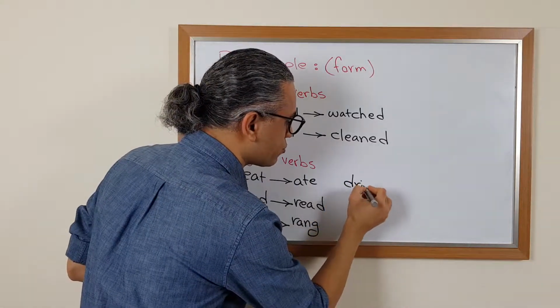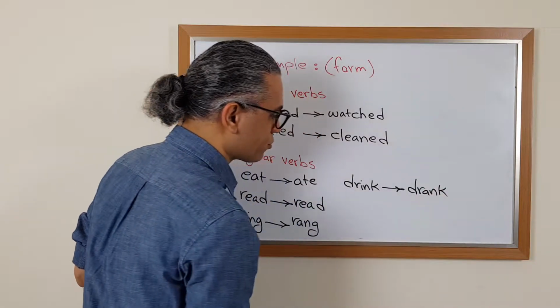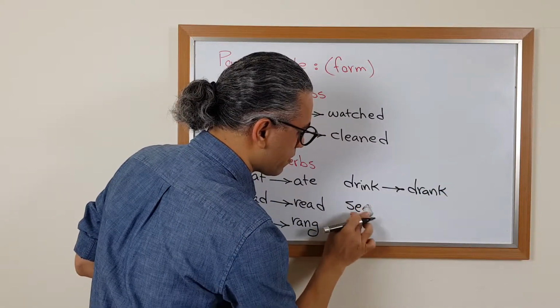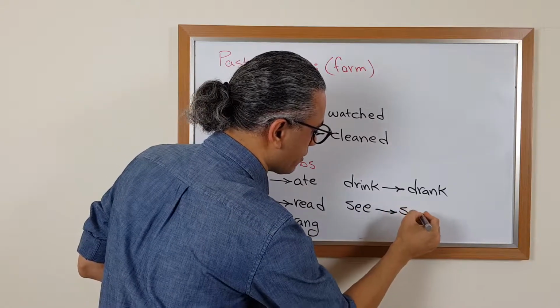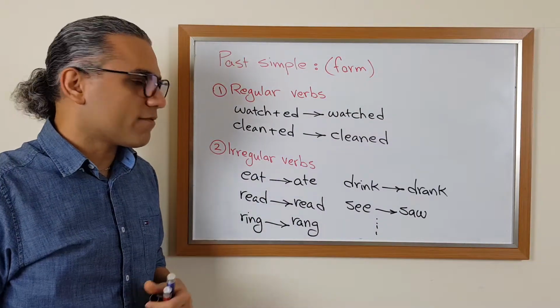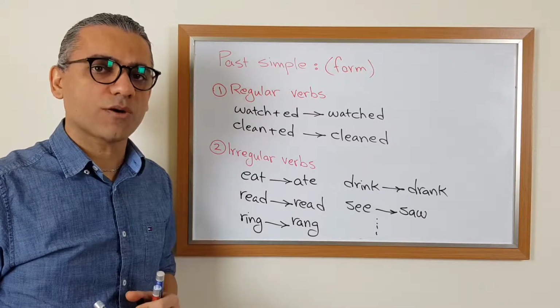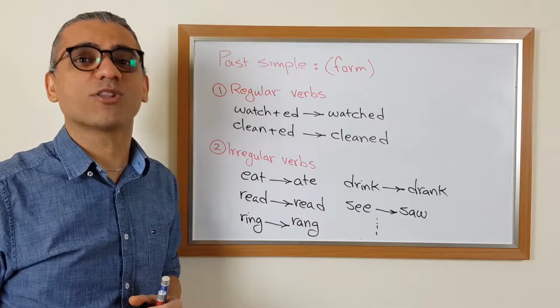Or drink, the past form is drank. Or see, the past form is saw. We have a lot of irregular verbs in English, and the only way to learn them is practice and read books or watch a lot of movies.